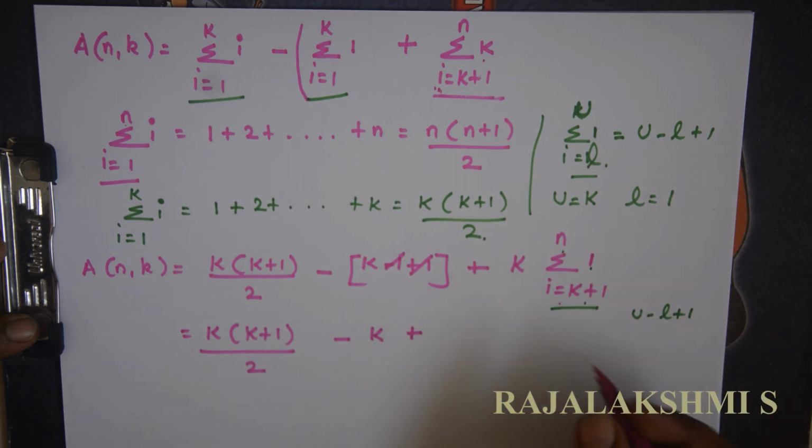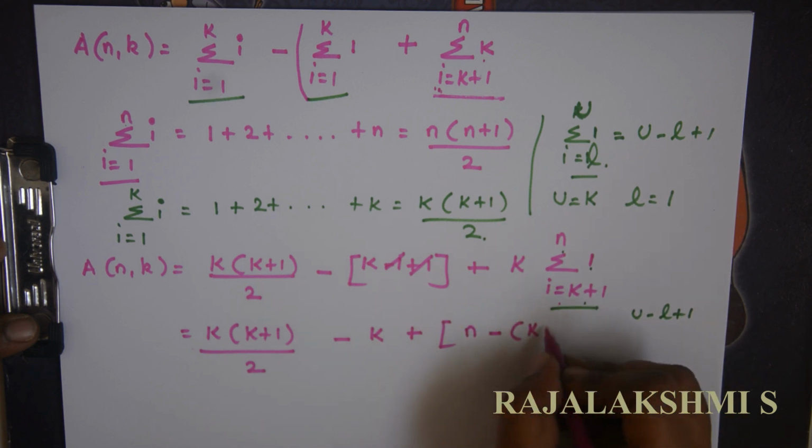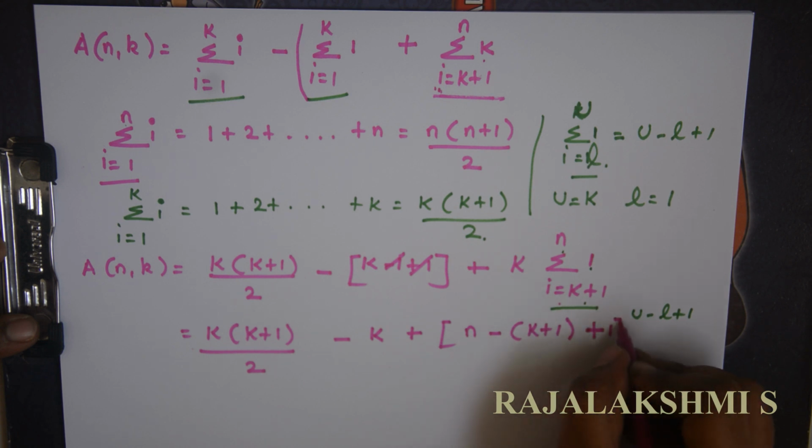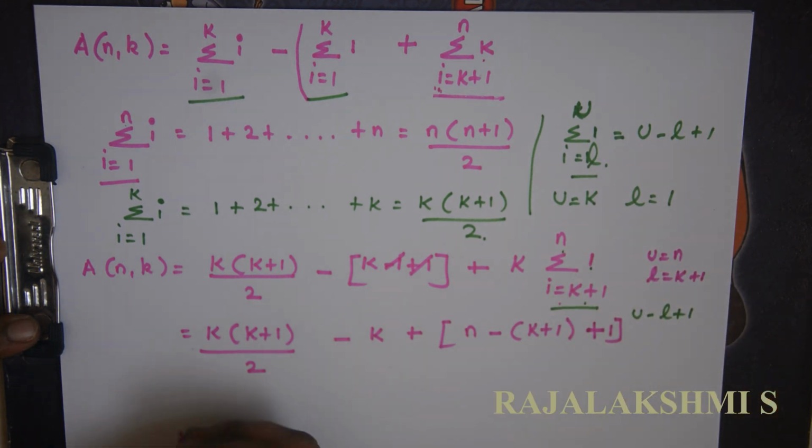So what is U now? U is N, L is K plus 1. So it is U minus L plus 1, right? So here U is N, L is K plus 1. Okay, U minus L plus 1. Now we will simplify.